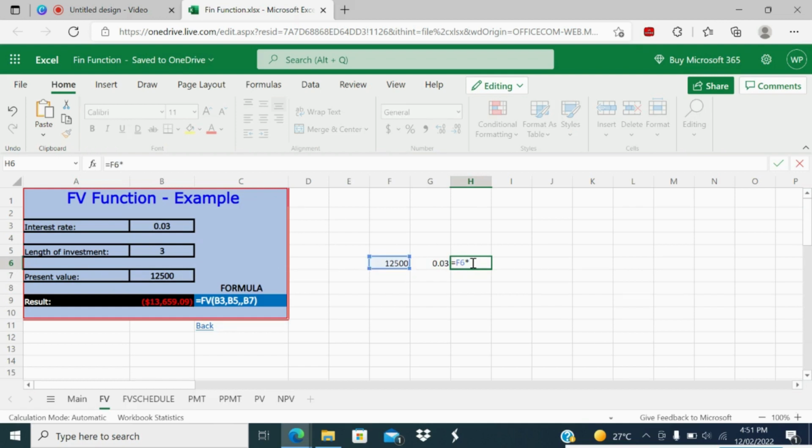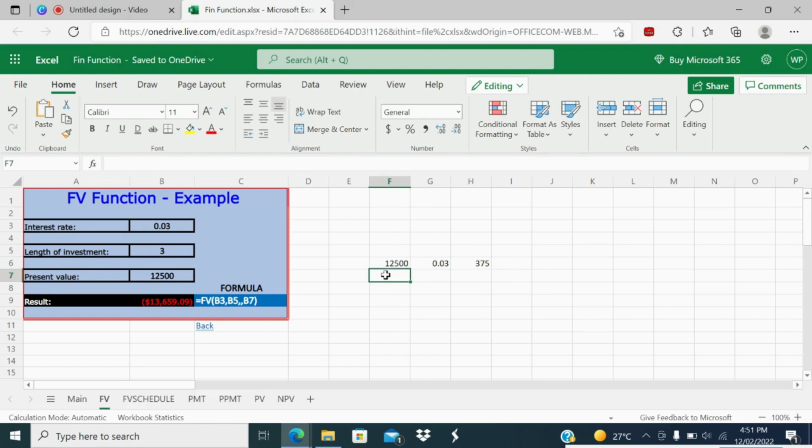How much interest will I get? That is 375. So the second year my investment will be 12,500 plus the interest accrued in the first year. This will be my present value.